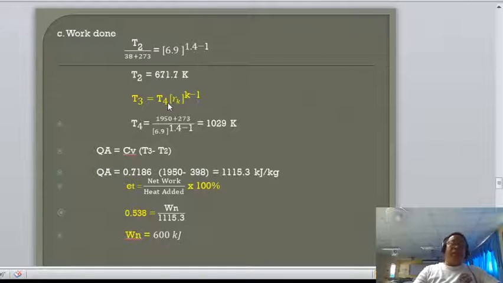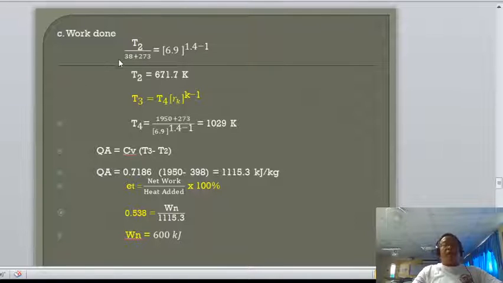Another is the work done. The work done, of course, is the net work, the difference between the heat addition and the heat rejected on the system. Okay. So, let us first define the temperature at the end of compression, since the highest temperature is already given.